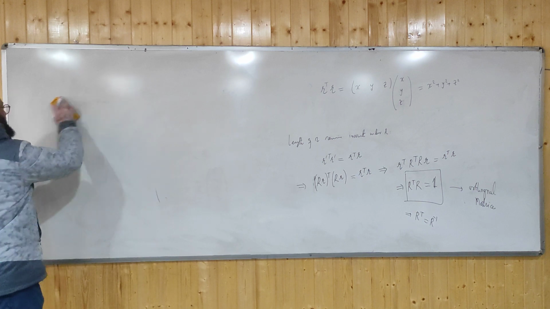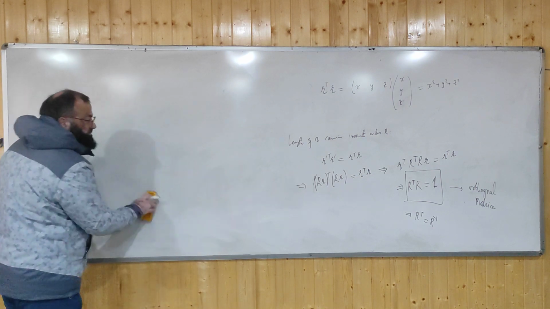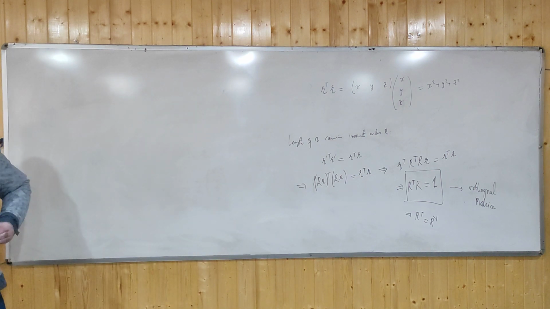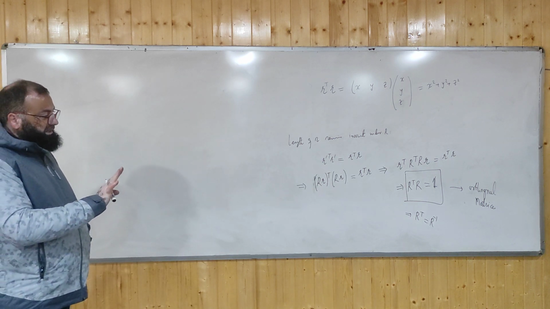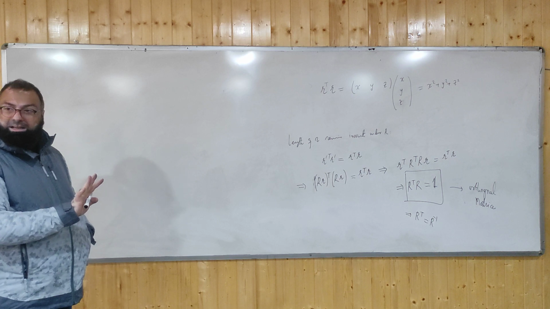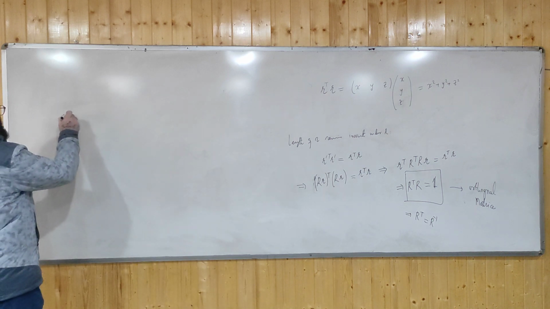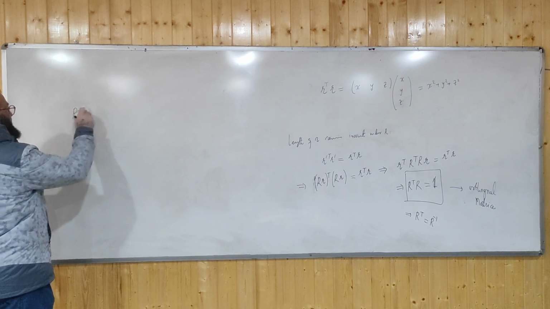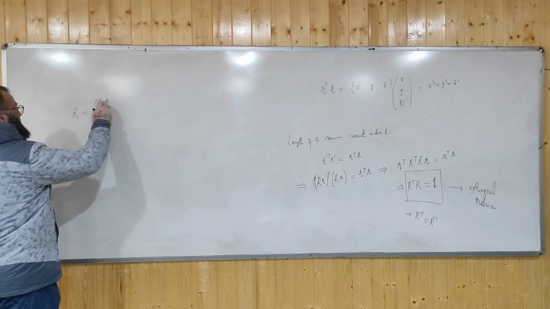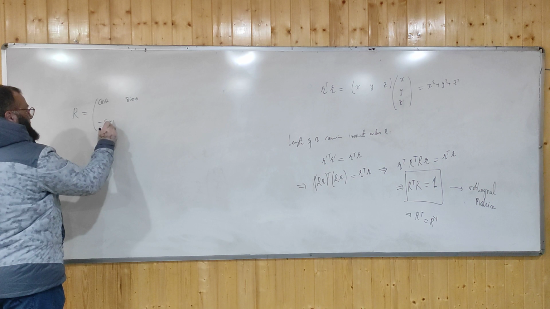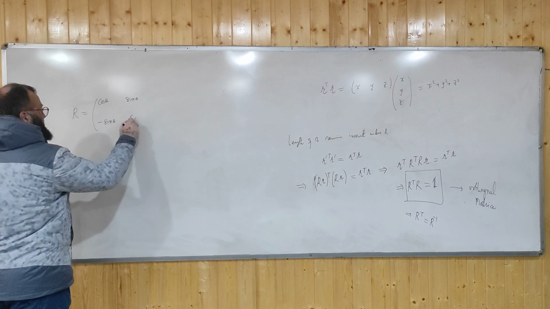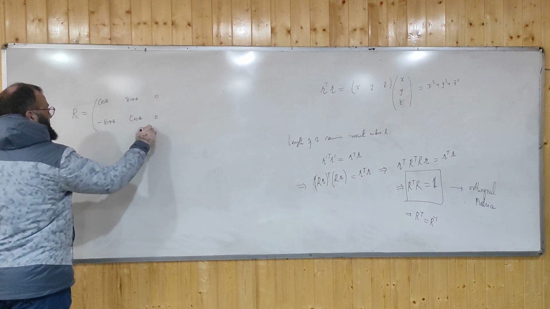So let's take the idea of groups. Look here, this R is a rotation. Let's take the simplest case, rotation in 2 dimensions, so it is cos of theta, sine of theta. Let me take, for example, the rotation in 3 dimensions, cos of theta.